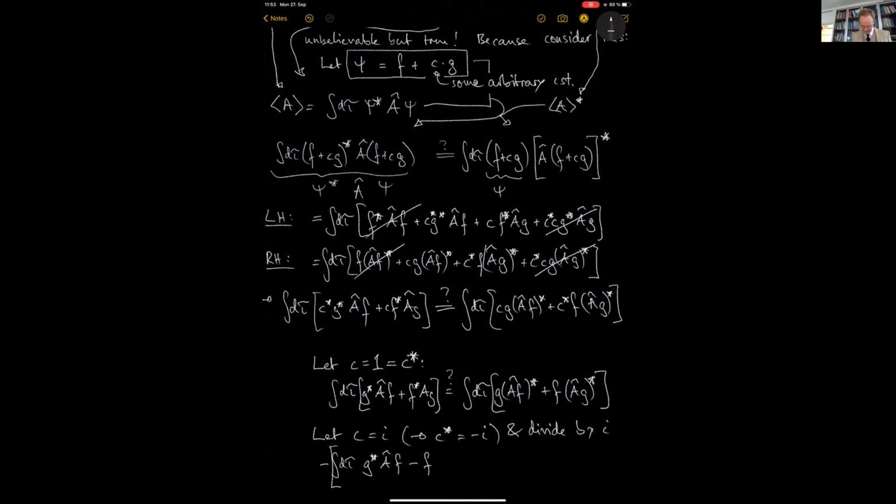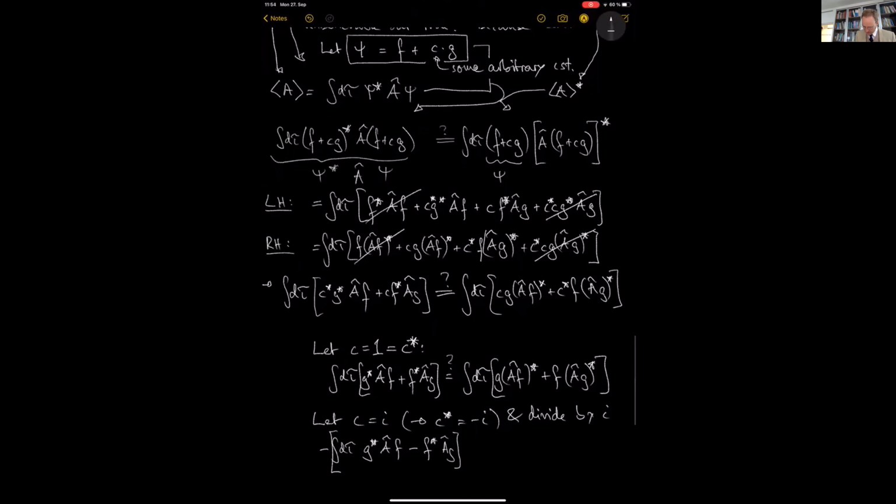And so I have here F star AG. Okay. And that's what happens on the left-hand side. What happens on the right-hand side? We pull out the C. That's I divided by I is plus 1. So our sign in front of the integral does not change.